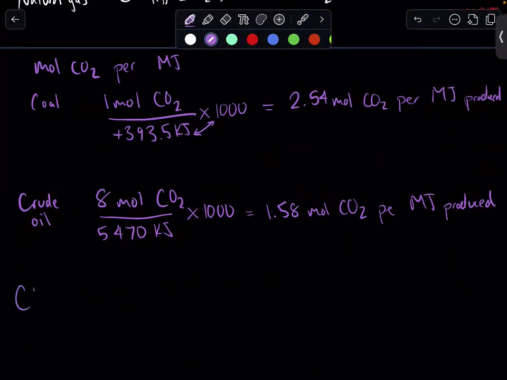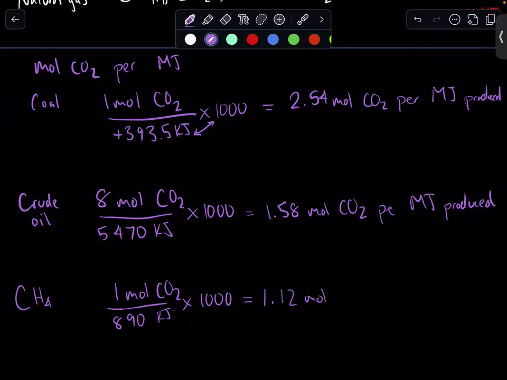Lastly, we have natural gas, methane. I'm just going to start using CH4. That also produces 1 mole of CO2, but this time we have 890 kilojoules per mole, which we're going to multiply by 1,000 to convert to megajoules, and we find that we get 1.12 moles of CO2 per megajoule produced.